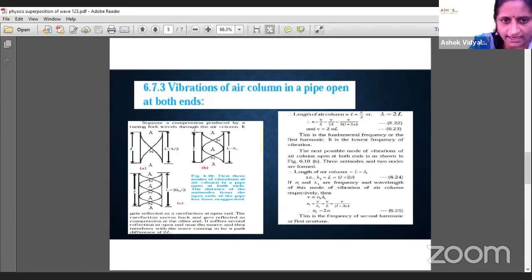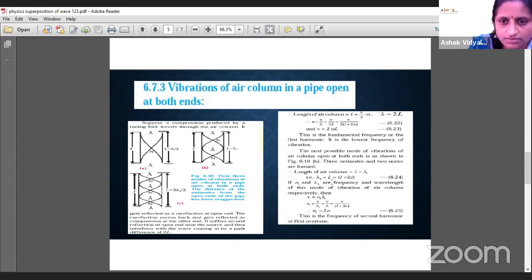Now, in the second diagram, see the next possible mode of vibration of air column open at both the ends, as shown in the second diagram. See, three antinodes and two nodes are formed. See here, first one, second one, third one, and two nodes are formed. The length of air column capital L is equal to lambda 1.